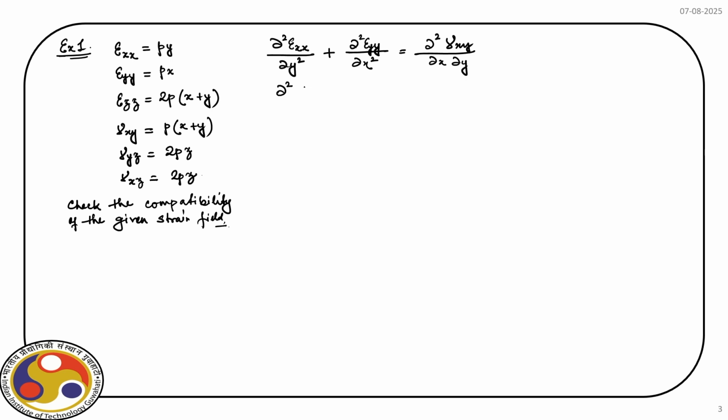The second one is between epsilon yy and epsilon zz with gamma yz.